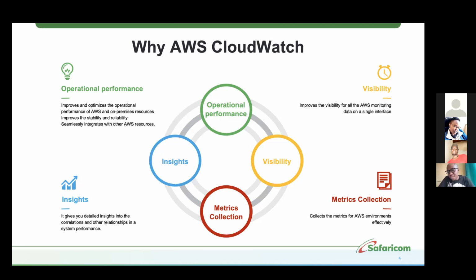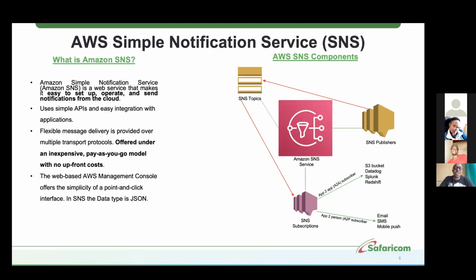So I'll jump over to the next service that we will be showcasing, and this is the AWS Simple Notification Service. So basically, this is a web-based service that is easy to set up, operate, and even send notifications from the cloud. Remember, we have talked about alarms, whereby we might set a metric saying, if this server has 512 GB of SSD and it gets to 100 GB or above, please notify somebody.